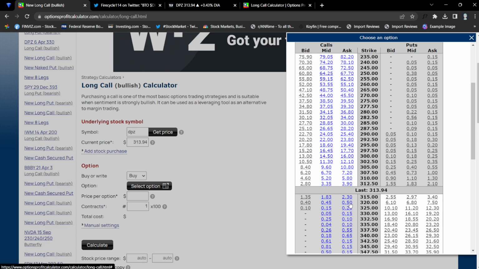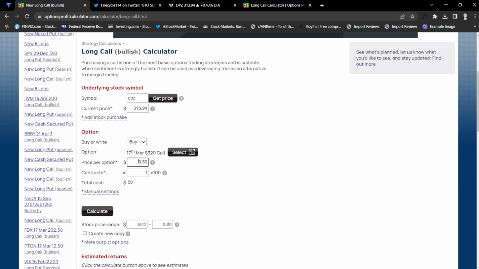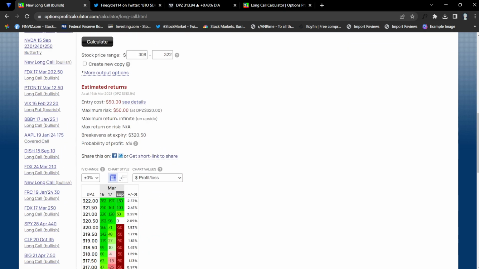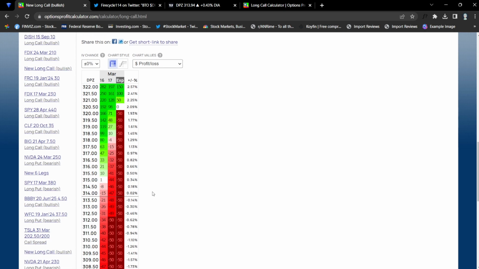So this is going to be a 320 strike, and I bought it in at $50 per contract. So this is going to be my contract. I bought it in for 50, and it is currently at 50. And how many contracts you bought. So I'm just going to only do one right now. Then you can do continue, and boom, here it is.